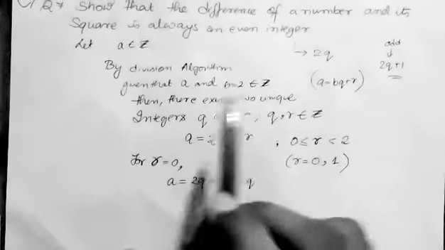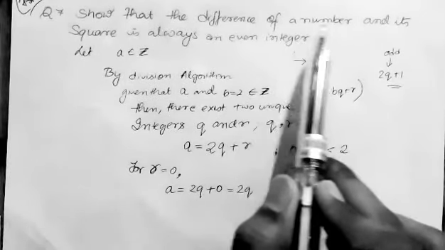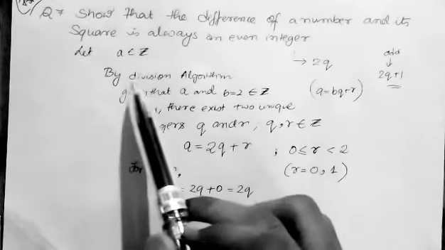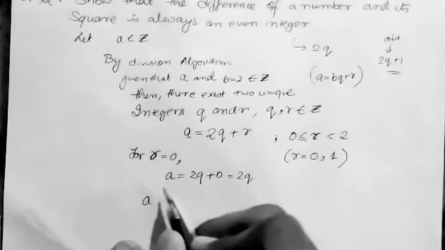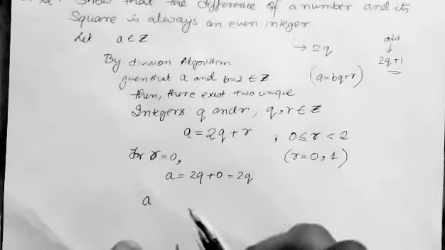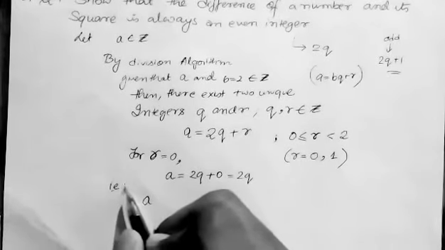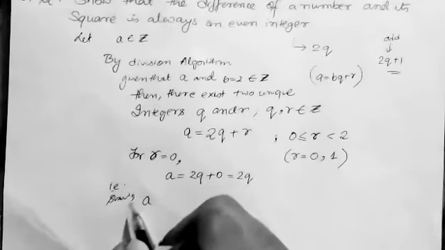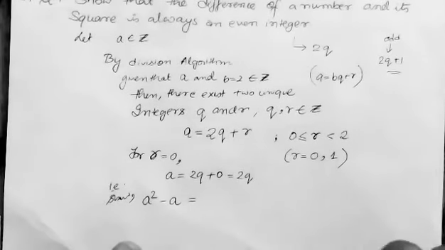Now as per the question, we need to show that the difference between a number and its square, that is, if we consider a to be that number, then the difference between a square and a is an even number. That is, to show that a square minus a is an even number.